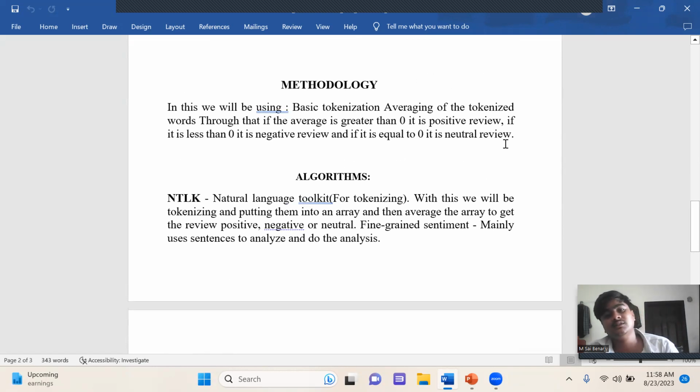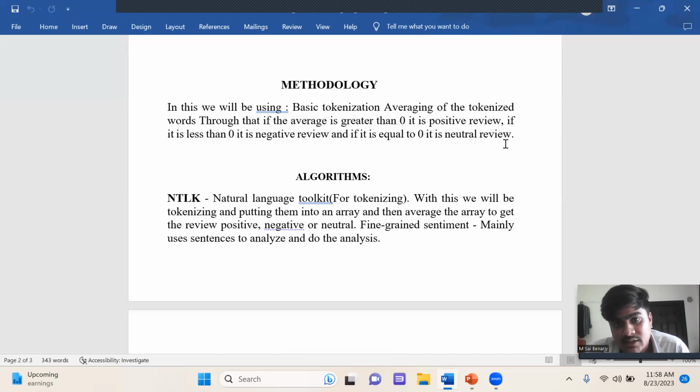And the methodology for the project is that we'll be using basic tokenization and averaging of the tokenized words. If the average generated is greater than zero, it is a positive review. If it is less than zero, it is a negative review, and if it is equal to zero, it is a neutral review.